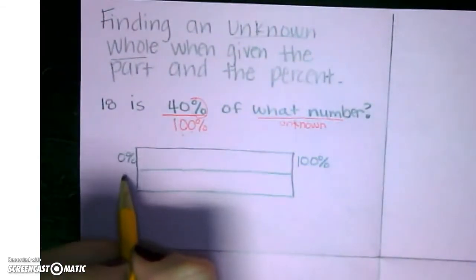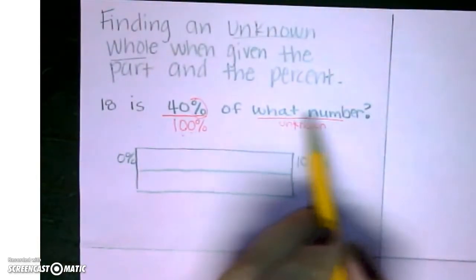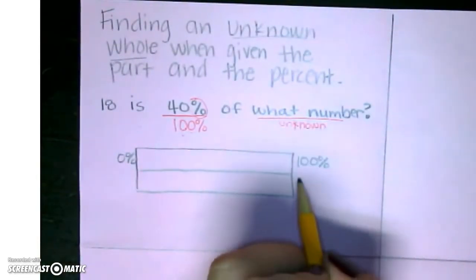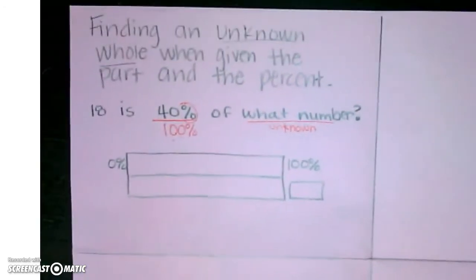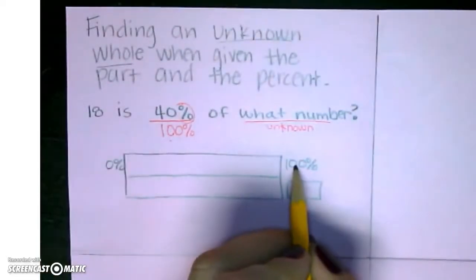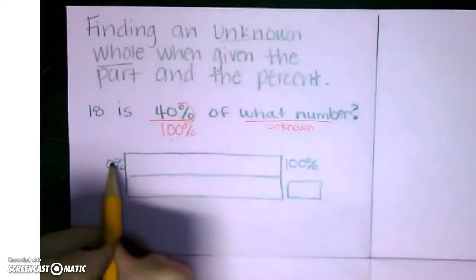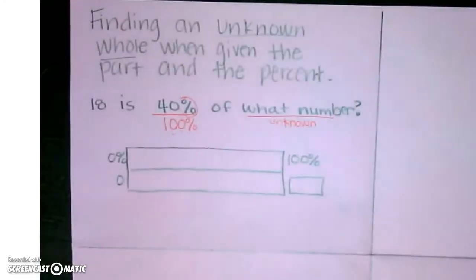And our bottom bar is representing our number. Well, we don't know what the whole number is, so we'll just put a little box right there. We're going to need to fill in that blank while we work. So 100% of whatever this number is will go here, and 0% of any number is always 0.